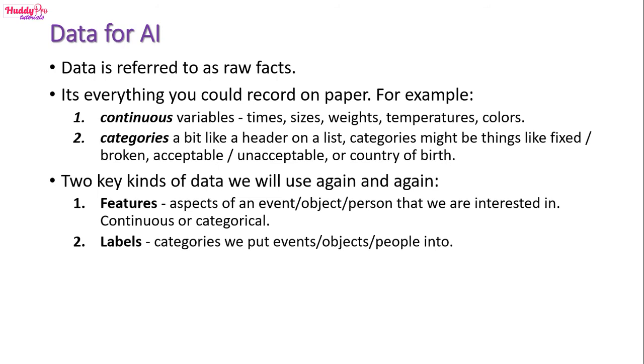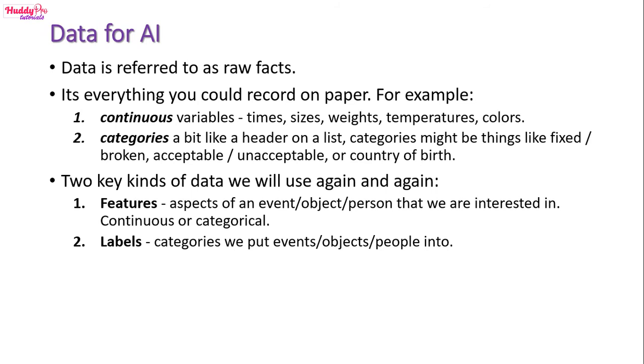These can be continuous or categorical. For example, a person's features might include their height, which is continuous, and their favorite sport, which is categorical. Those are examples of features.